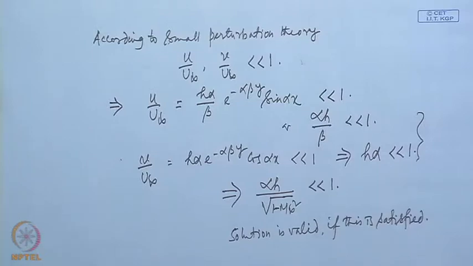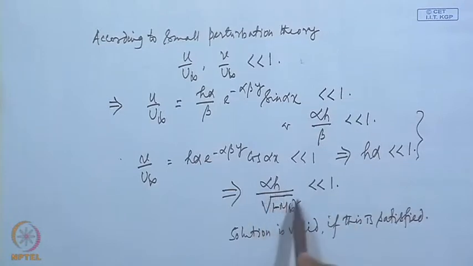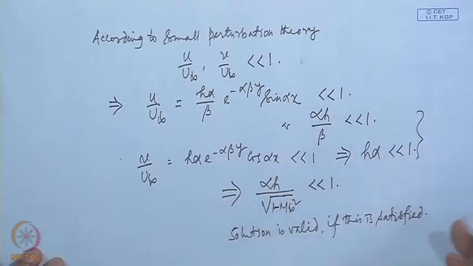So, what we see is that for the solution to be valid, it is not essential that h itself has to be very small. It is required that the combination h alpha by root over 1 minus M infinity square must be very small. If this condition is satisfied, the solution is valid, or the solution is within the framework of small perturbation theory.